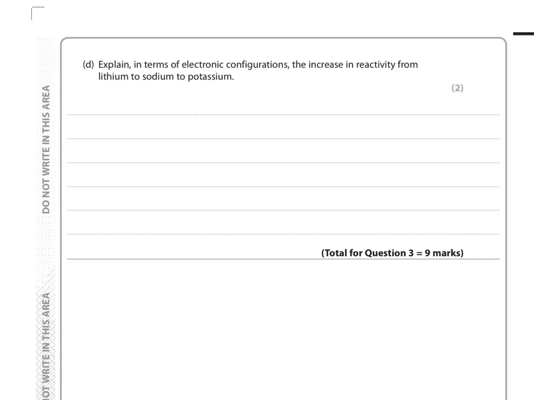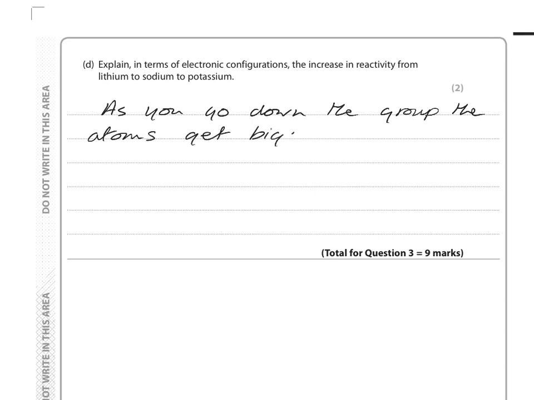Part D says explain in terms of the electronic configurations the increase in reactivity from lithium to sodium to potassium. Well, lithium, sodium, potassium is going down the group. So as you go down the group, the atoms get bigger.